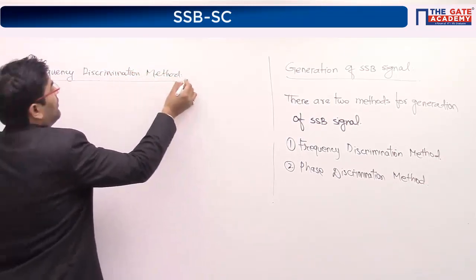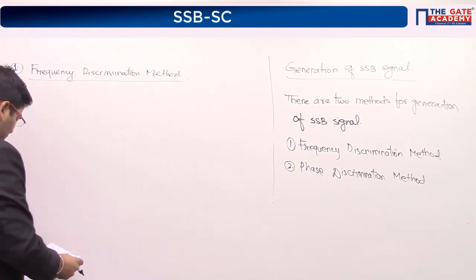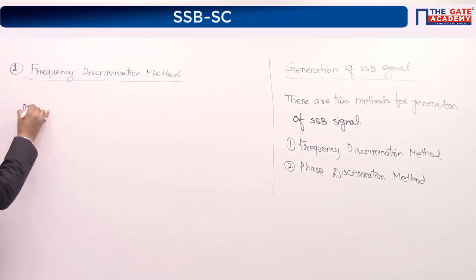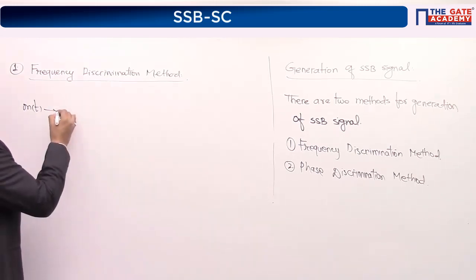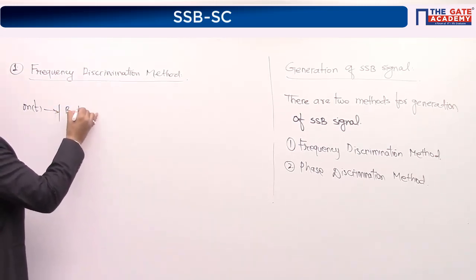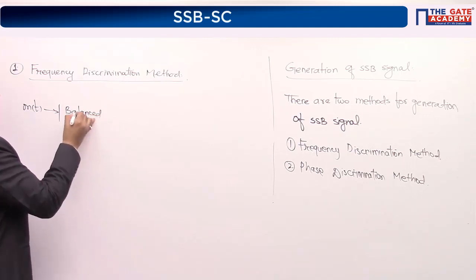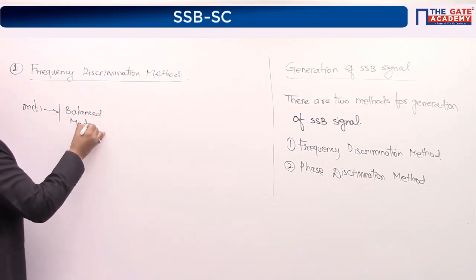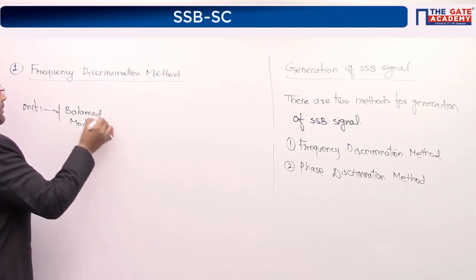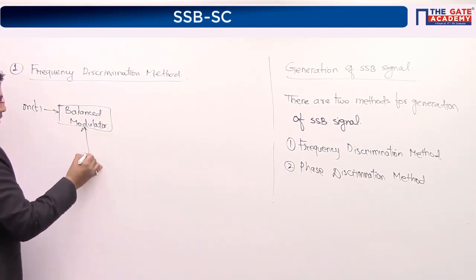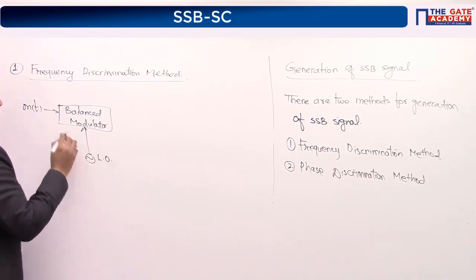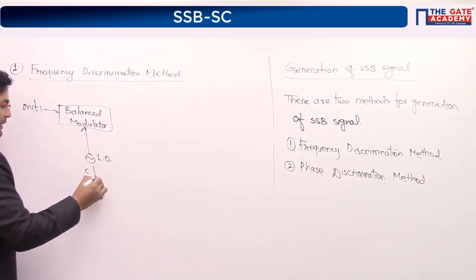Okay? So guys, let's have a look at the block diagram. So we take the message signal M of t, we give it to a balanced modulator. Guys, now it's your time to tell me. If you use a balanced modulator, what is the output? Come on, ping the answer please. You are taking a balanced modulator, input is M of t and the carrier signal.